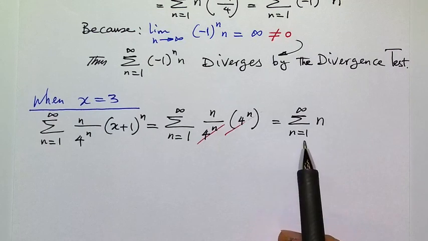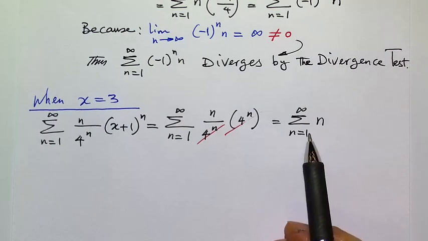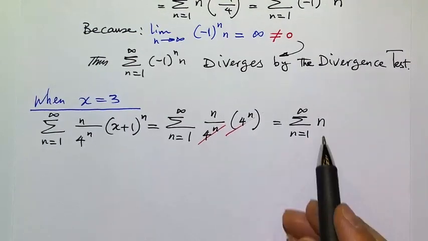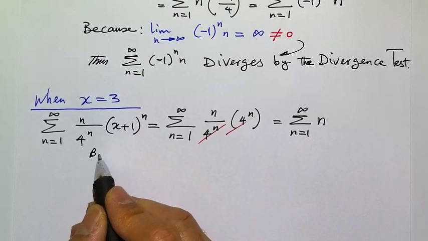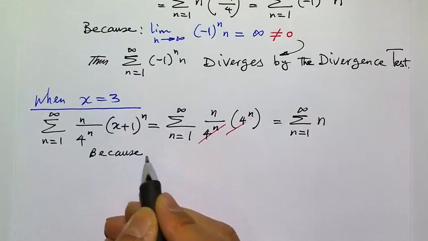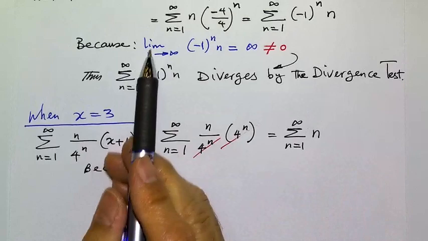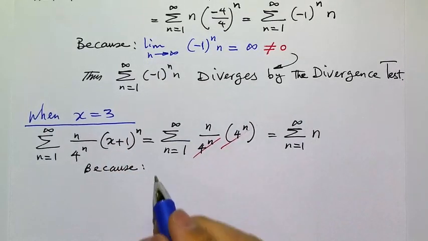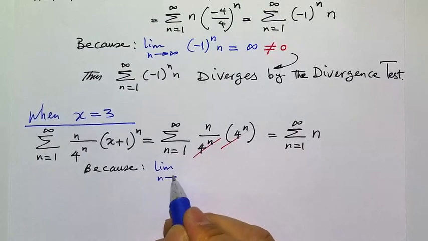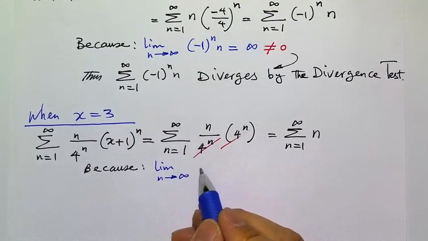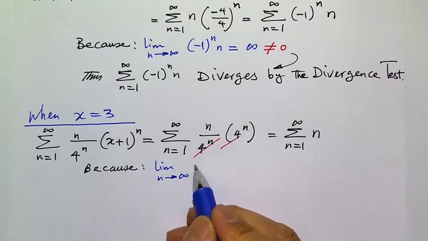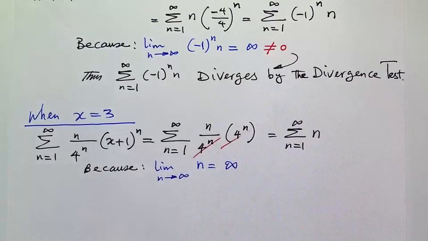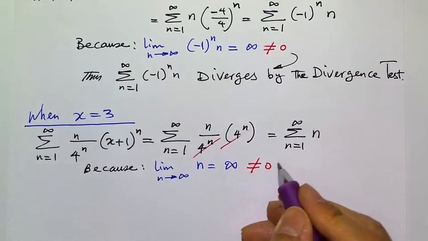Again, we can apply the divergence test here, and the series diverges. Once again, I will use the same line of reasoning here, because the limit as n goes to infinity of n equals infinity, and once again, not equal to 0.